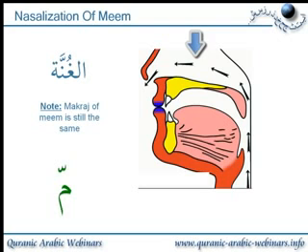Again, that will be for Meem mushaddad. An example would be where you hear it in the Quran where they go amma, amma. Your lips are still coming together as the normal makhraj of Meem, but you're vibrating the sound in your nasal cavity.